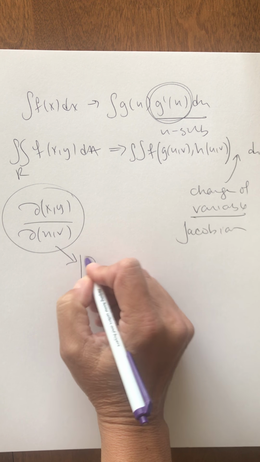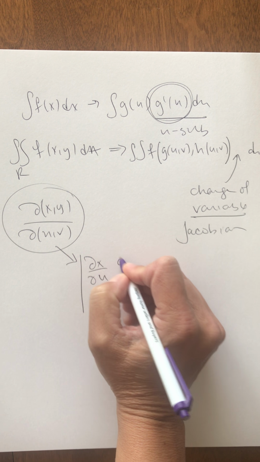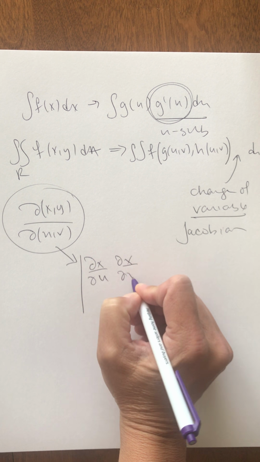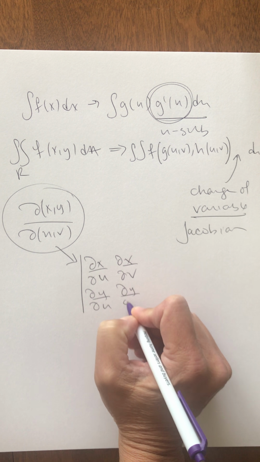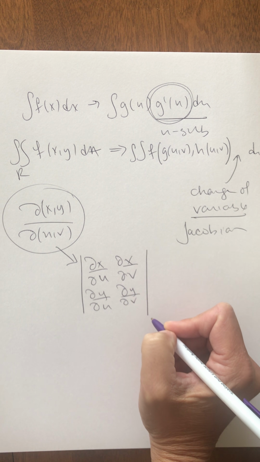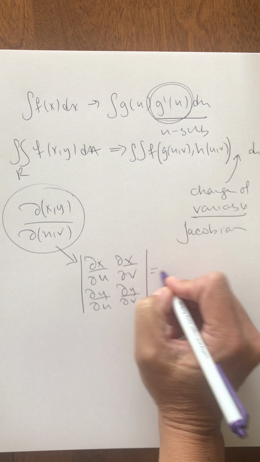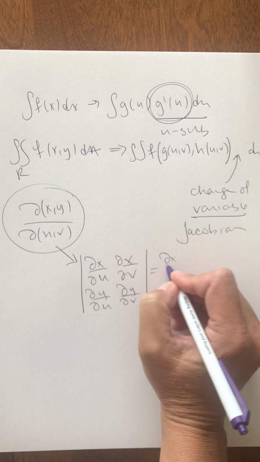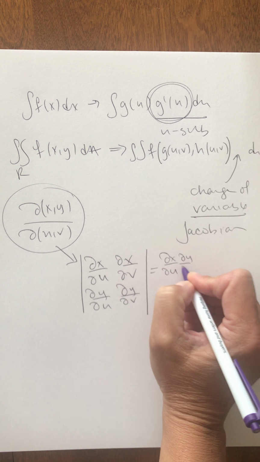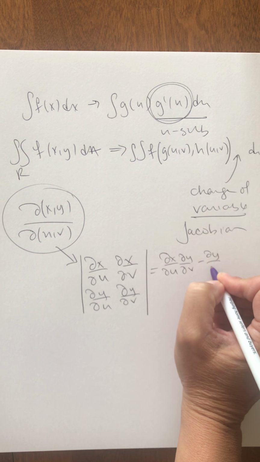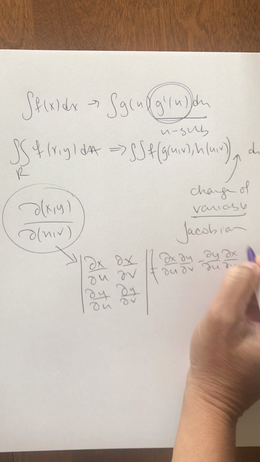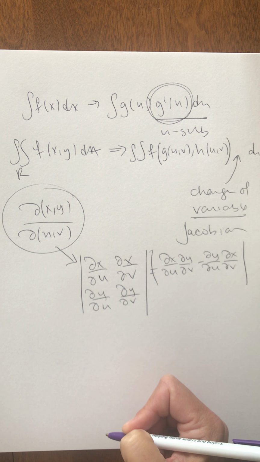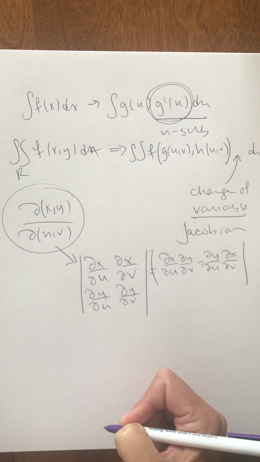So we put in the partial with respect to u, the partial with respect to v, the partial with respect to u, the partial with respect to v, and when we find the determinant of this, we get the formula, which is the partial of u, the partial of v, minus the partial of u, the partial with respect to v. And it has to always be a positive number because we're looking at the area of the region.